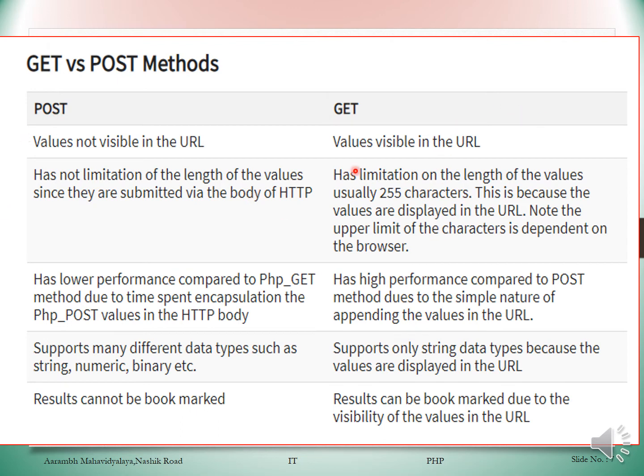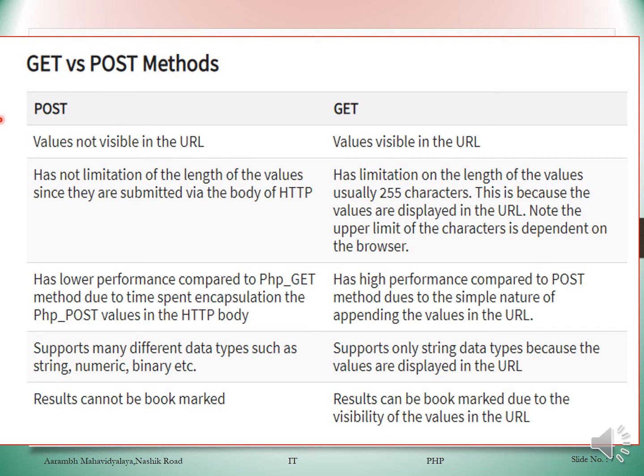But for the get method, as the values are visible, it has a limitation of a maximum of 255 characters. Actually it depends on the browser, so this 255 value can vary depending on the browser. But here we have a limitation on the input values.